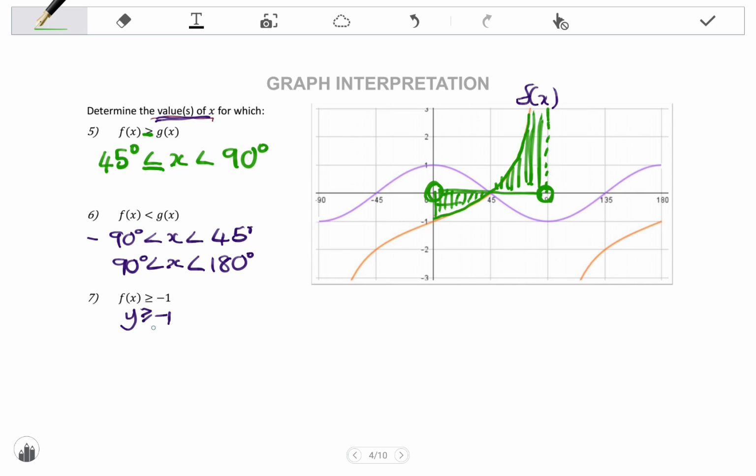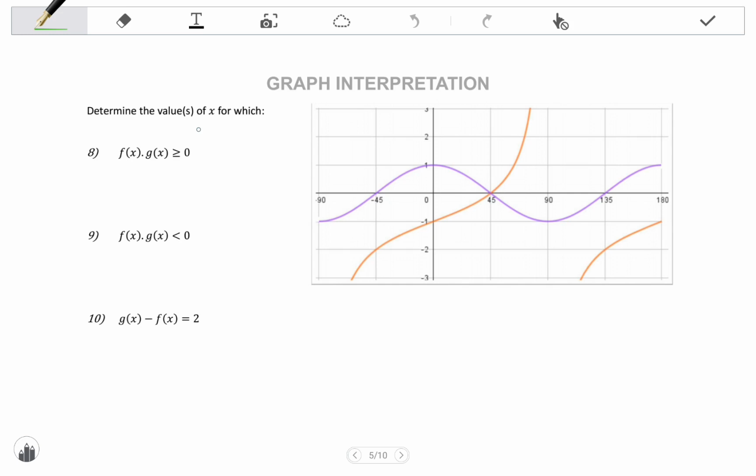Okay, now we are also interested in where f of x is equal to negative 1. So the x value where f of x is equal to negative 1 is 0. So we're going to include the 0, but we're not going to include the 90 degrees because that's an asymptote. So our answer here, x lies between 0 degrees and 90 degrees. We include the 0, but not the 90.